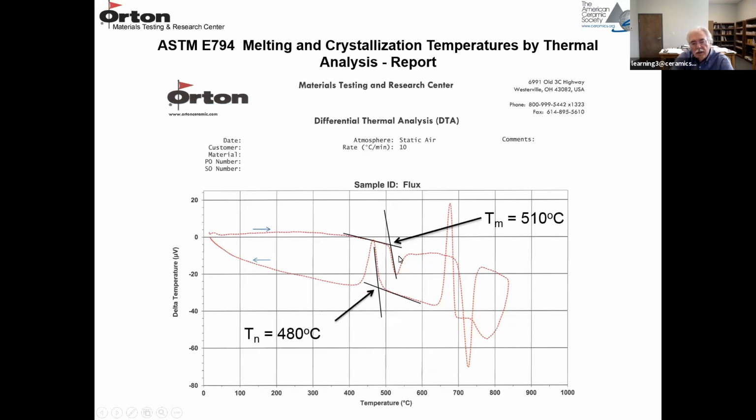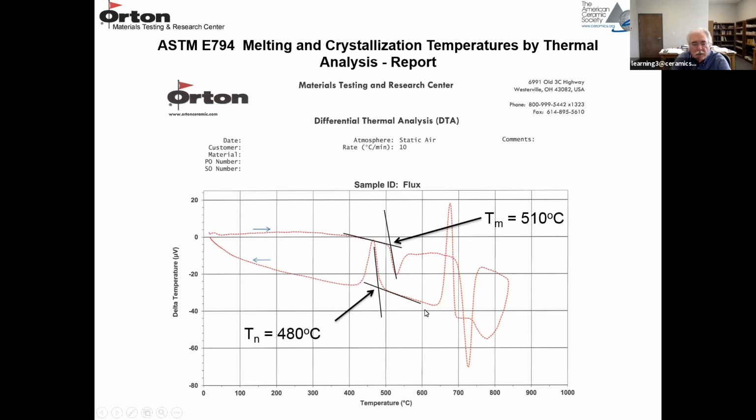So to get the melting or crystallization temperatures, you take a straight line and you draw the slope just before the reaction takes place on the baseline and then on the peak. And where those two slopes intercept, that is your melting temperature.